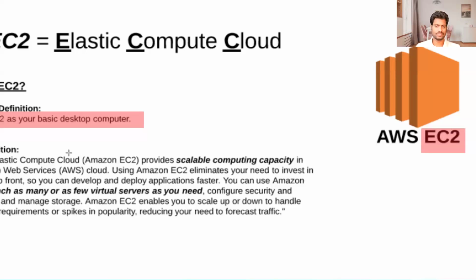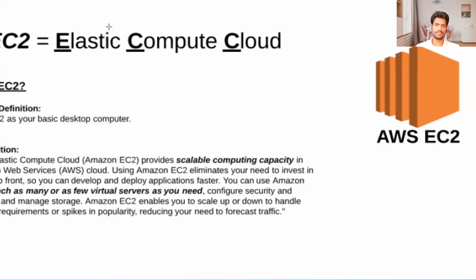EC2 provides scalable computing capacity, meaning we can increase or decrease capacity for deploying our application. We can get as many virtual machines as we need and deploy our application very fast, and based on usage we pay rent.